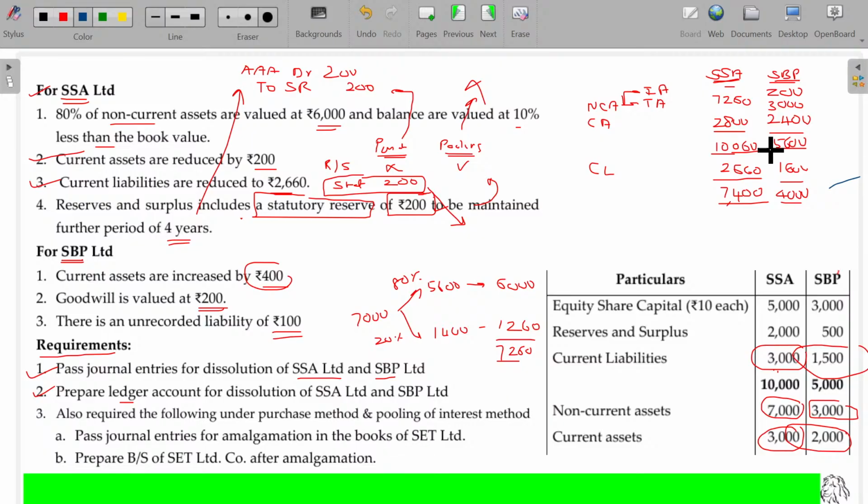Now, this is the purchase consideration. This is settled by way of what? Equity share capital.